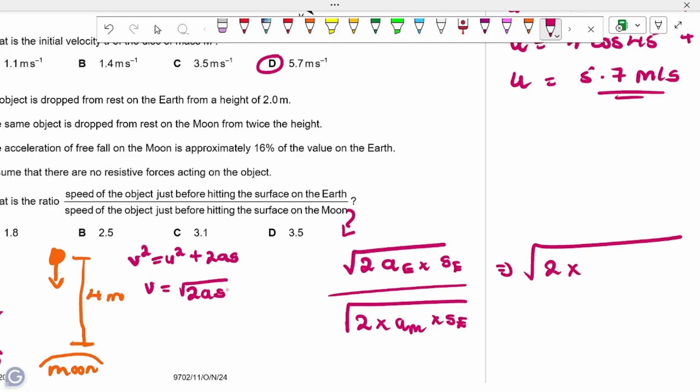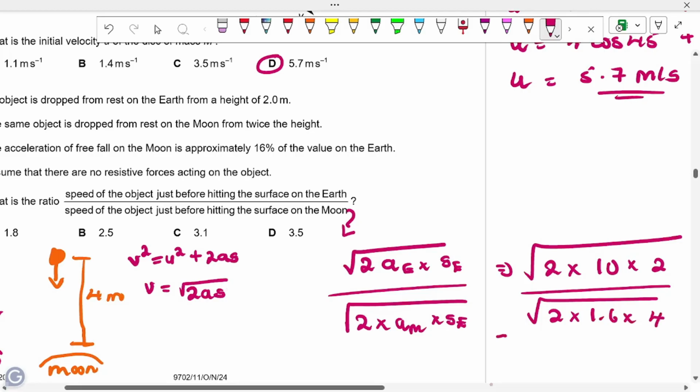So if I look at this, 2 times the acceleration on the Earth, for simplicity's sake, let's just say it's 10, just to be simple, right? The displacement will be 2, divided by the square root of 2 times 16% of 10, which is just 1.6, right? Okay, so 1.6 times 4.